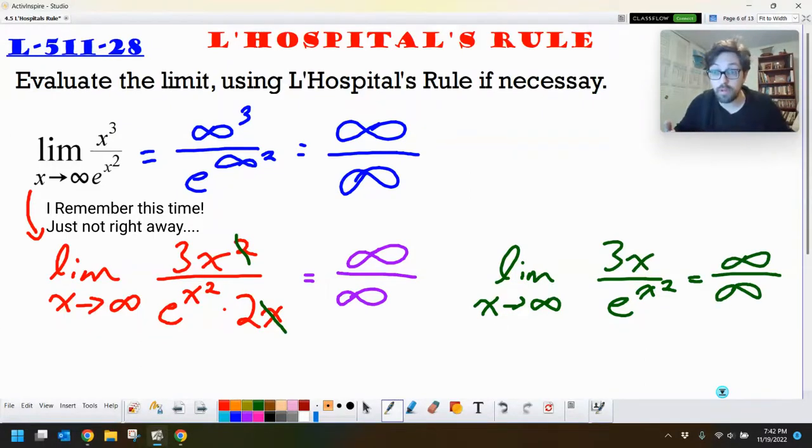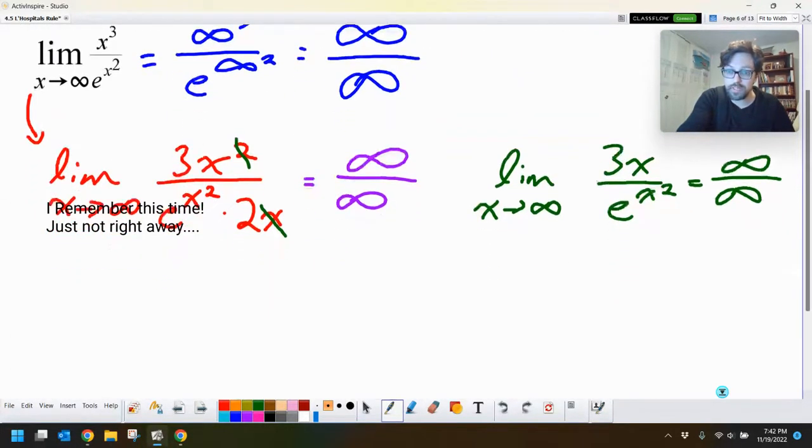Well, the cool thing about L'Hopital's rule is you can L'Hopital's rule a L'Hopital's rule. So we'll just do it all again. Why not? Since we still have infinity over infinity for our limit, you can see how that numerator is kind of calming down. It's not as complicated as it was before. So let's just do L'Hopital's rule again.